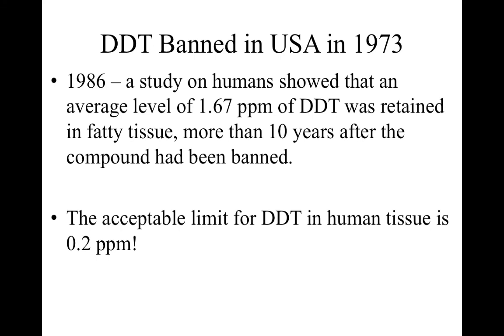So DDT is still, hopefully not as high in humans today, but every person on Earth could actually be studied and found to have DDT stored in their fatty tissue. The acceptable limit for DDT presently is 0.2 parts per million. That's kind of a weird thing to say, that there's an acceptable amount of it in human tissue.